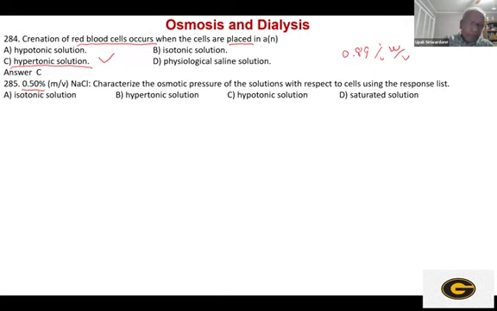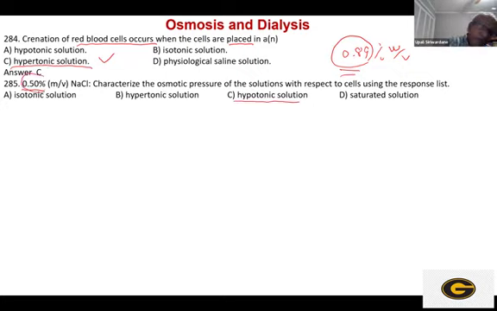Therefore, this is less than that. 0.89 is greater. Therefore, cells have this when you put them in saline solution. Therefore, this solution is hypertonic.